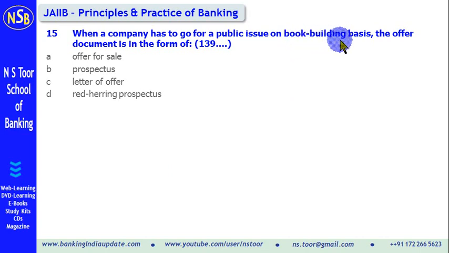The price of the share will be offered by the investor, the prospective investor. And whenever this type of issue is offered, the public document which is issued to the prospective shareholders is called red herring prospectus. So instead of issuing a normal prospectus, in case of a book building issue, the red herring prospectus is issued. So now we can examine our options.